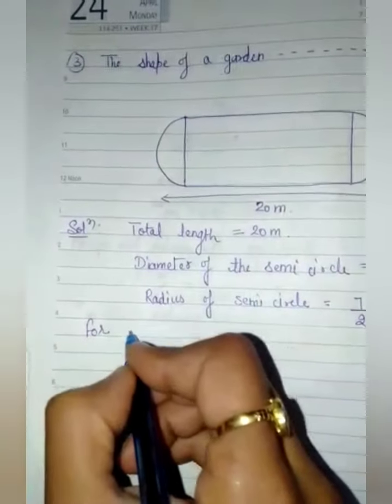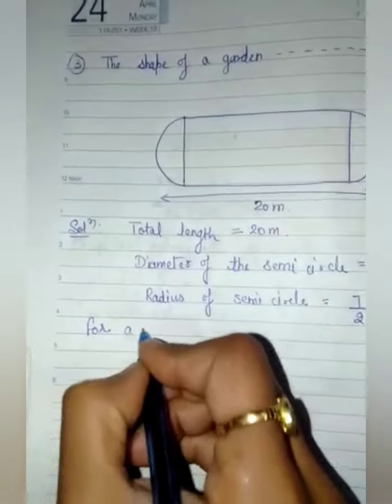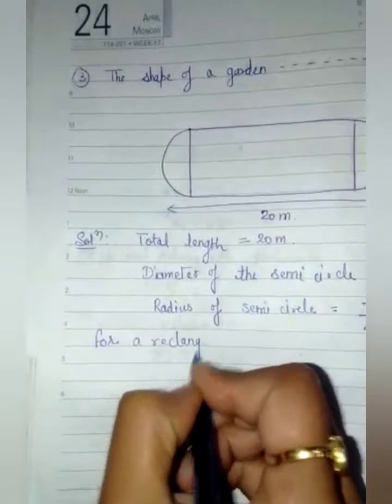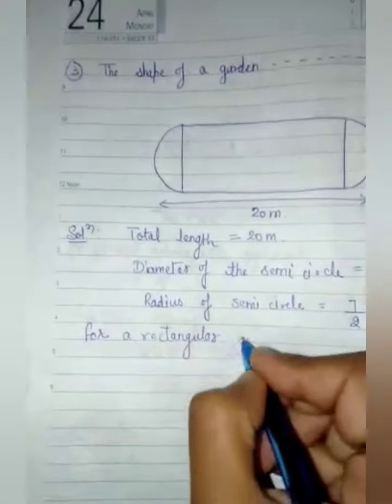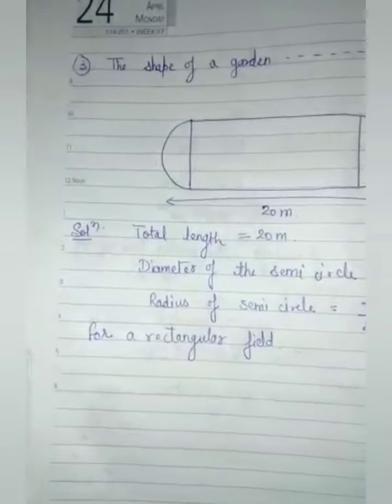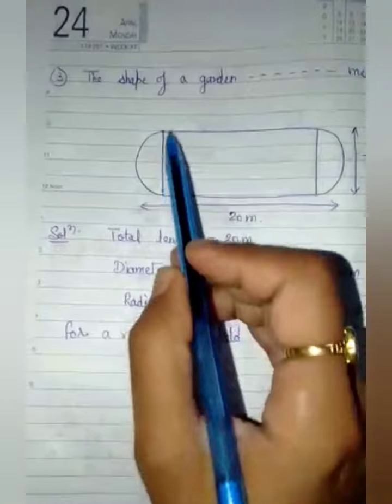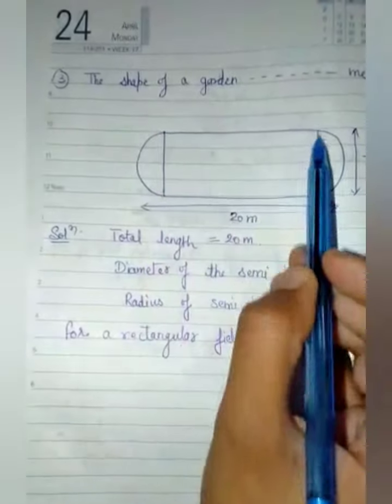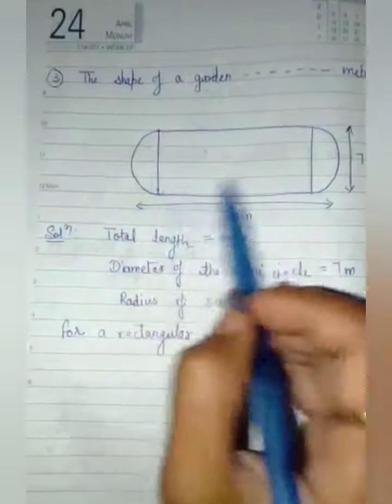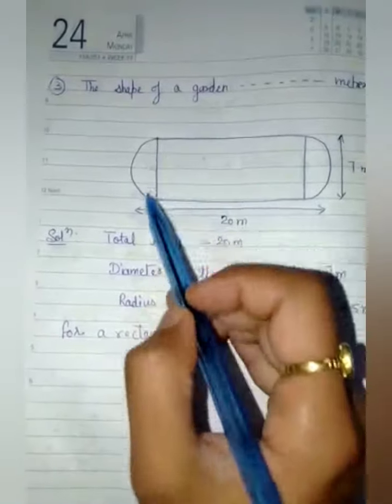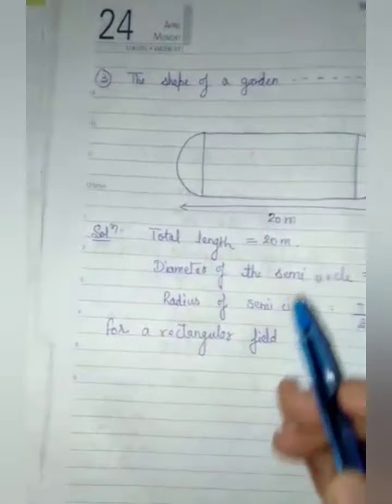Now we will take the rectangular field. As we have to calculate the area and the perimeter of this diagram, for that we need the area of this rectangle and the two semicircles, and also the perimeter of this rectangle and the two semicircles.